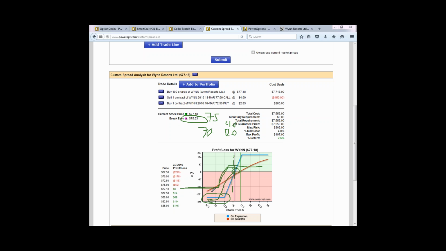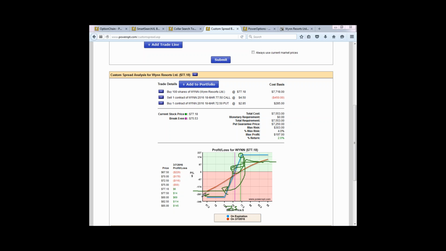Now, let's say I just opened this Wynn Resorts position this morning or sometime today, and the stock fell. Let's say it falls on Monday and is trading right down at about $73 per share. What am I going to do? Well, I may analyze buying to close the short call and selling to open the 75. Okay, I'm probably going to lower my max return, but I still might be profitable and generate a little bit more positive premium here to the downside now that the stock's at 73.